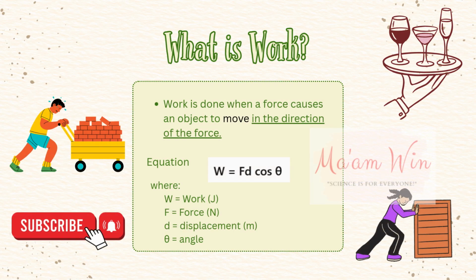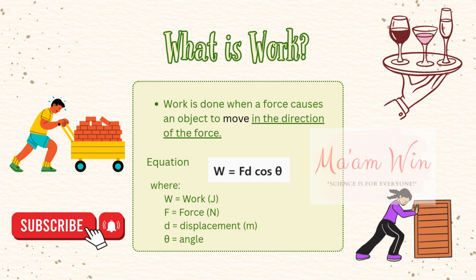In physics, work has a very specific meaning. Work is done only when a force causes an object to move in the direction of that force. Simply applying force without causing displacement does not count as work.